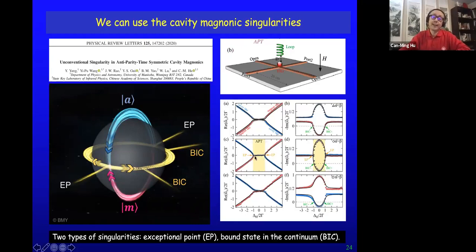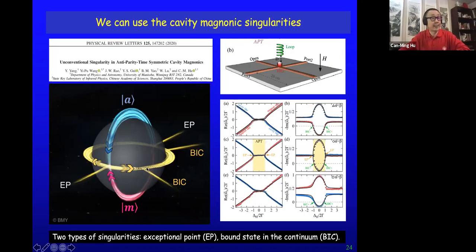Now, more interestingly, if you further change the detuning within this level attraction range, then what you see on the Bloch sphere is that these two normal modes move along opposite paths on the equator towards the second exceptional point. One branch of these eigenmodes actually goes through an additional singularity.